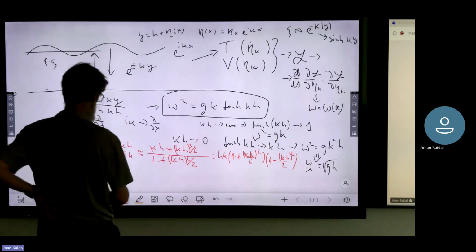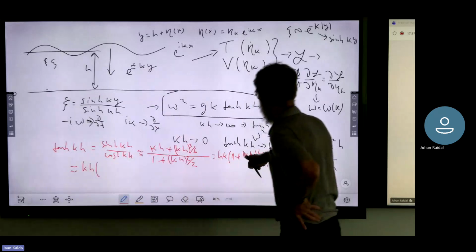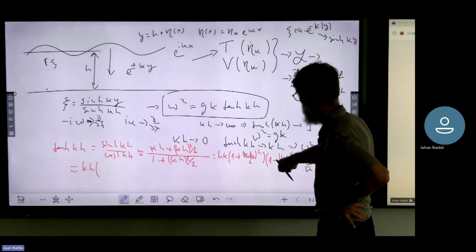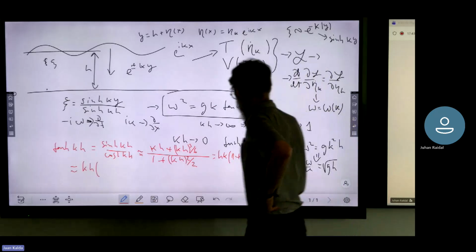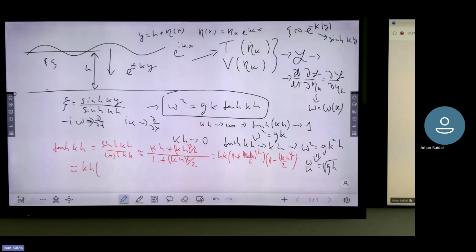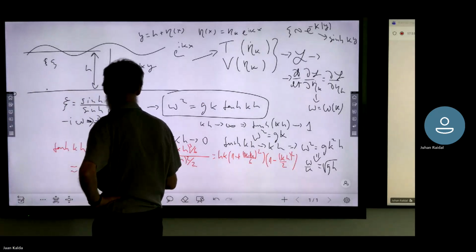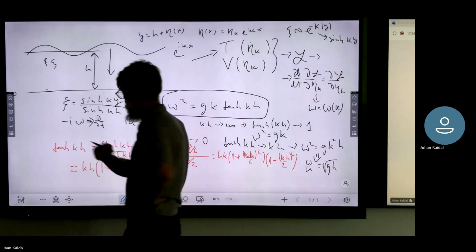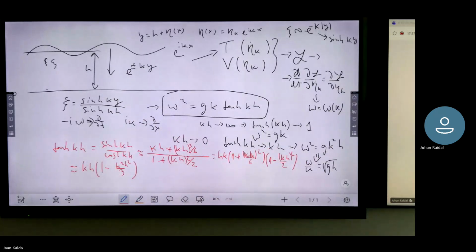This becomes kh times 1 minus kh squared divided by 2 plus kh squared over 6. So this is minus kh squared over 3, isn't it? And so this is our Taylor expansion for hyperbolic tangent.